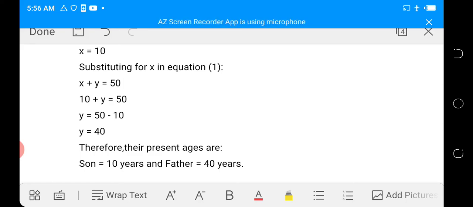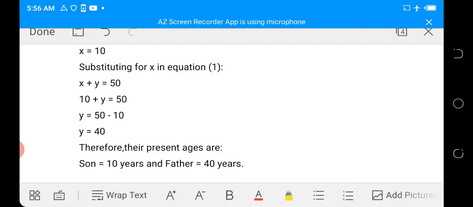And remember, the father's age is represented by y, so meaning that the father's age is 40. Therefore, their present ages are the son is equal to 10 years and the father is equal to 40 years. To be sure we are correct, in 5 years' time, the son will be 15 years and the father will be 45 years.